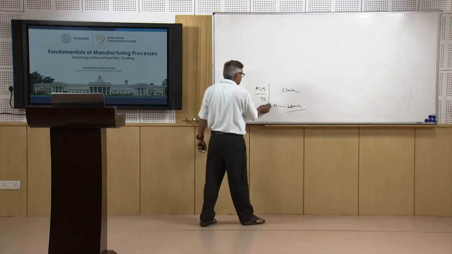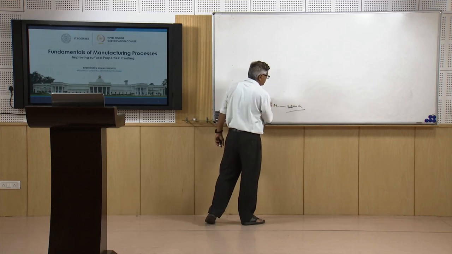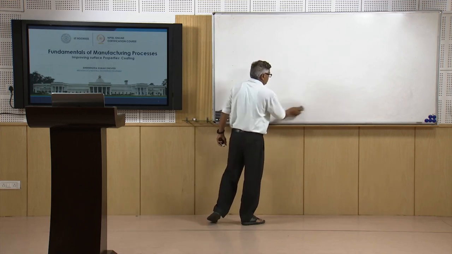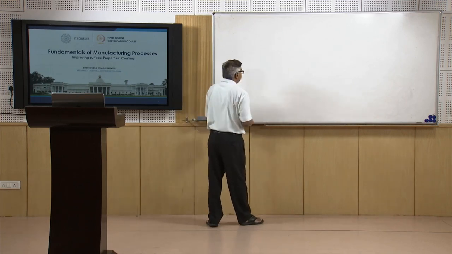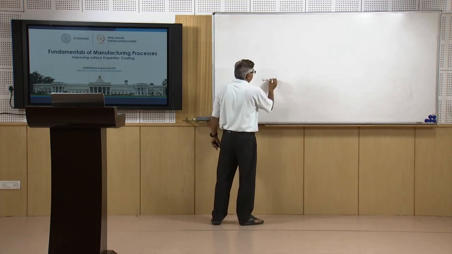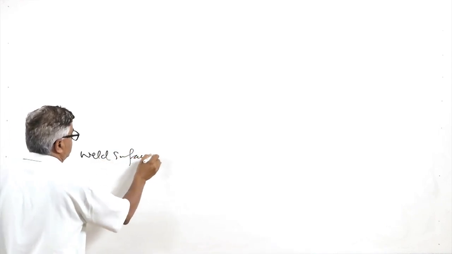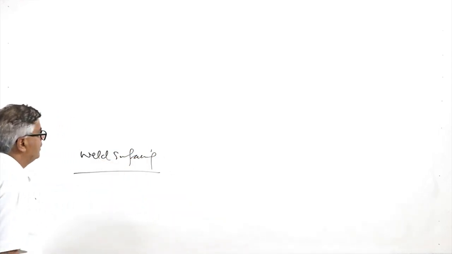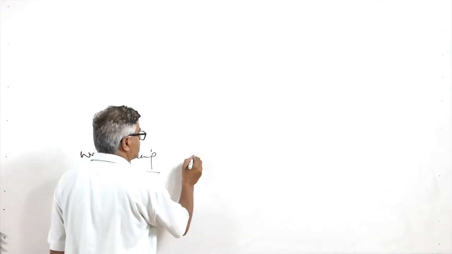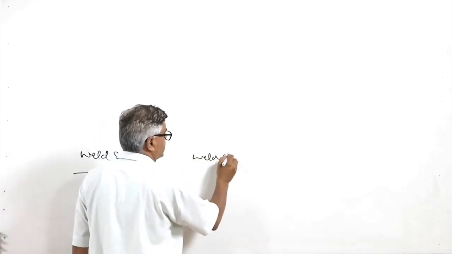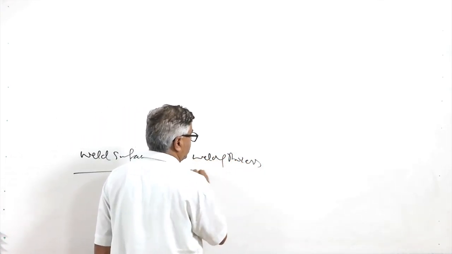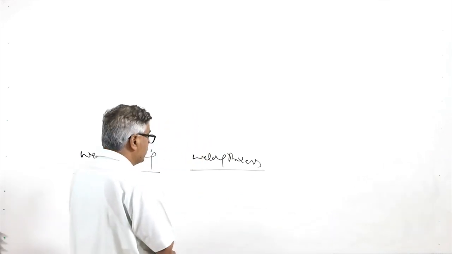Another approach in the development of coatings is weld surfacing. Weld surfacing basically uses welding processes for depositing a layer of coating.